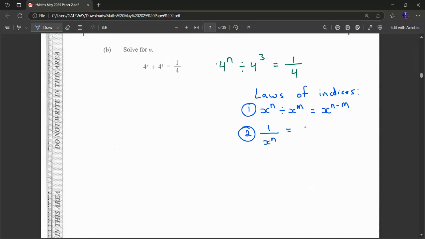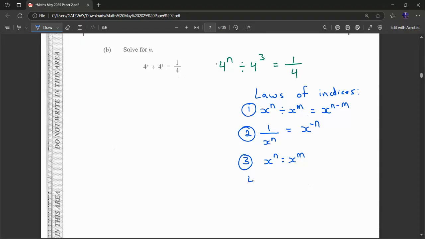This can be rewritten as x to the power of negative n. This is the reciprocal rule. Well, this is not really a law, but I'm still going to incorporate it here. If you have x to the power of n equal to x to the power of m, since the bases are the same on both sides of the equal sign, you will equate the powers, allow the powers to be equal to each other.